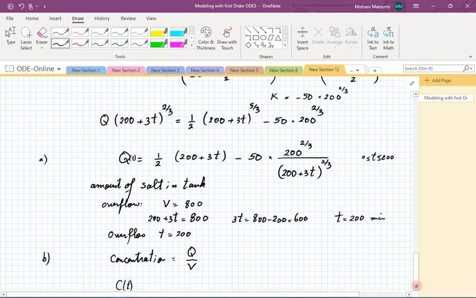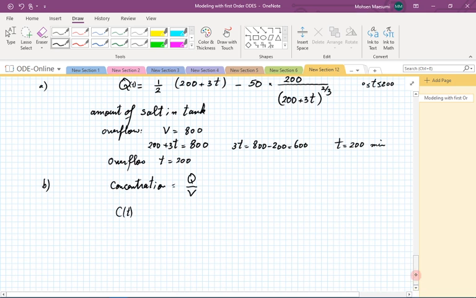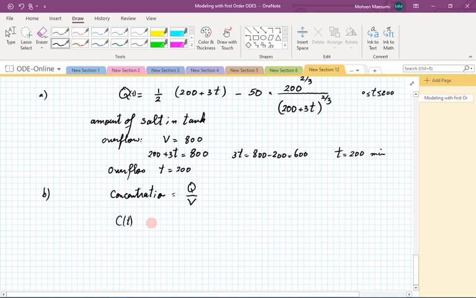So I let you do a bit of the algebra here. So I divide by 200 plus 3t, it's 1/2 minus 200 to the power of 2/3. And then in the denominator I have 200 plus 3t, instead of 2/3 it has gone up to the power of 5/3. So this is concentration up to the overflow time.